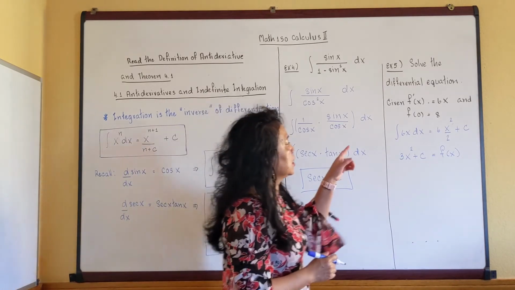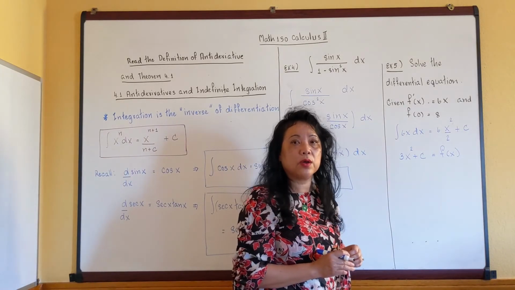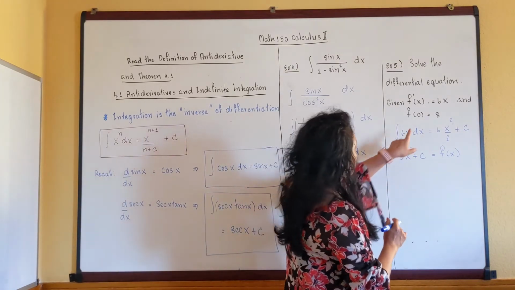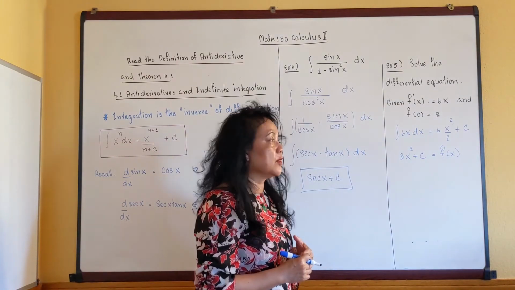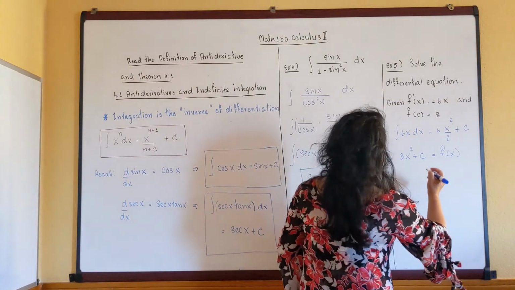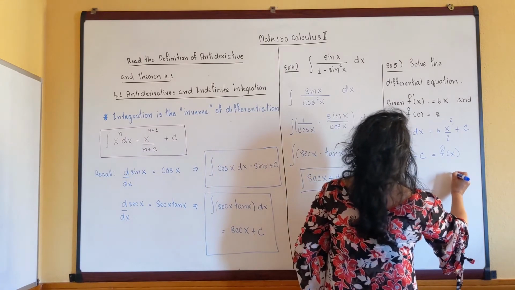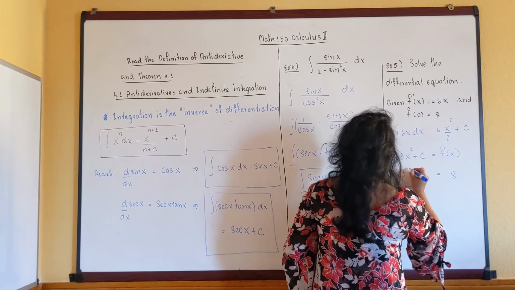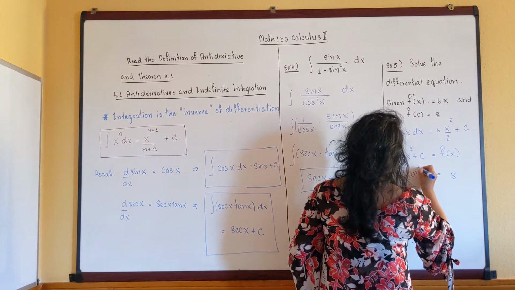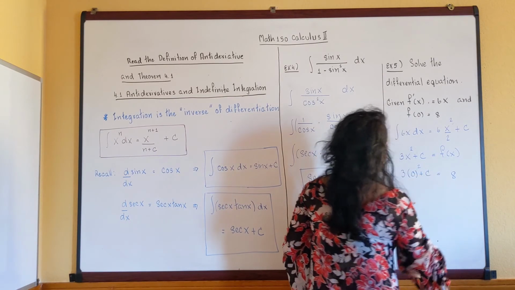So what I'm going to do is use f of 0 equal to 8. This means if x is 0, then f of 0 equals 8. So I'm going to put 8 here. 3, my x is 0, so 0 squared, plus c.